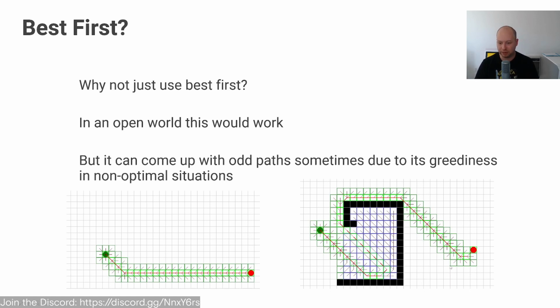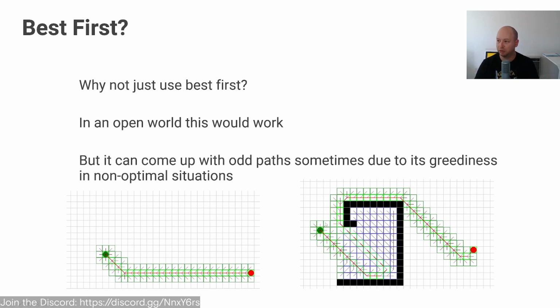You can see in the right example here, the path that it ultimately takes would be very strange, as it goes inside of the cavity, then back out of the cavity, and then around. Because it's not taking into consideration the cost of these alternative paths. It's not saying, oh, if I went this way, up and to the right a bit, I would actually get to my original path.